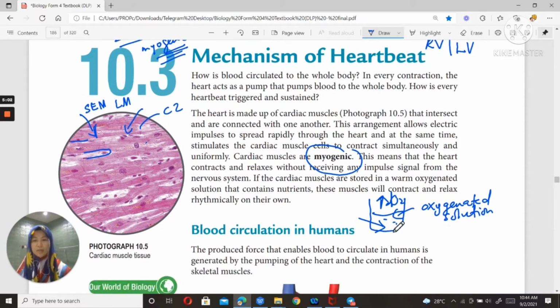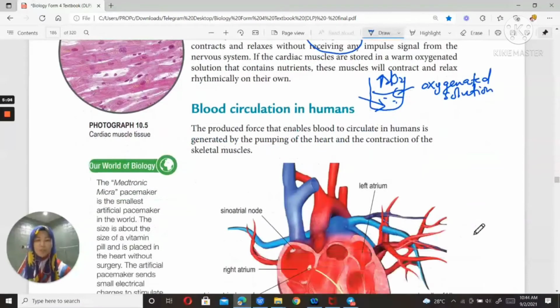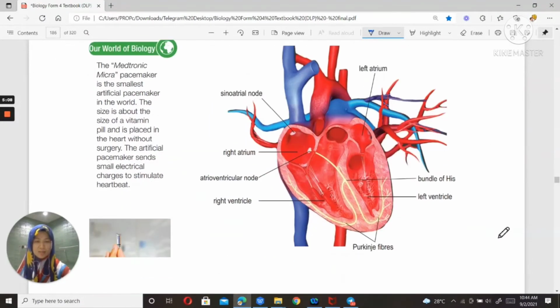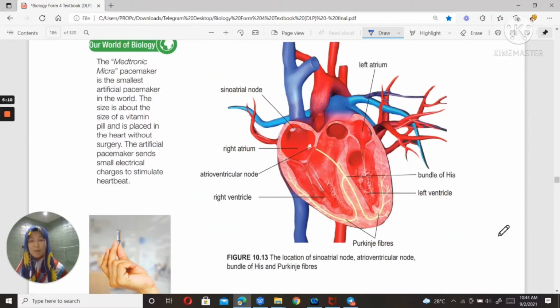So next, look at the blood circulation in humans. You have learned before, saya dah terangkan dengan jelas. Make sure you can memorize the mechanism. The blood flow, recall back.